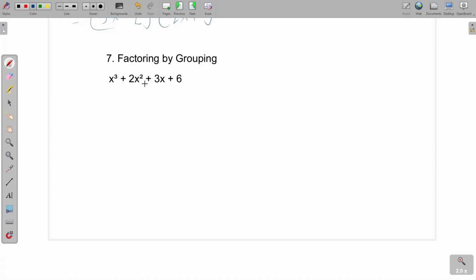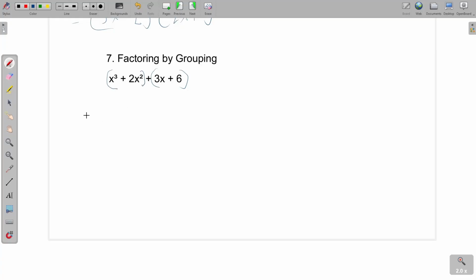Okay, and then we just basically did a little bit of grouping. And so if you were kind of confused, like, huh? Grouping. Basically what we just did. And so you would take it and you kind of just split it down the middle. If you're given four terms like this, it's pretty simple. And so you go, okay, well, first term, what can we pull out? Can't pull out any numbers because there's only an x squared. But there is an x cubed and an x squared here.